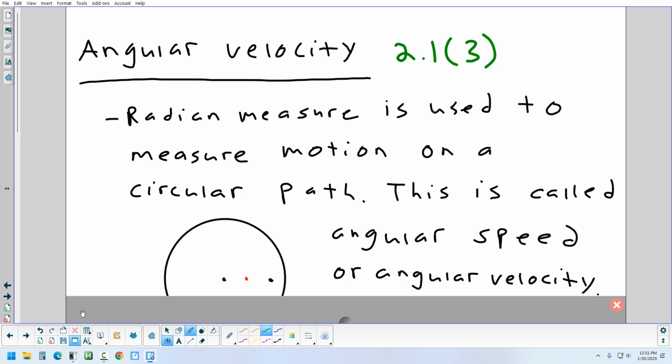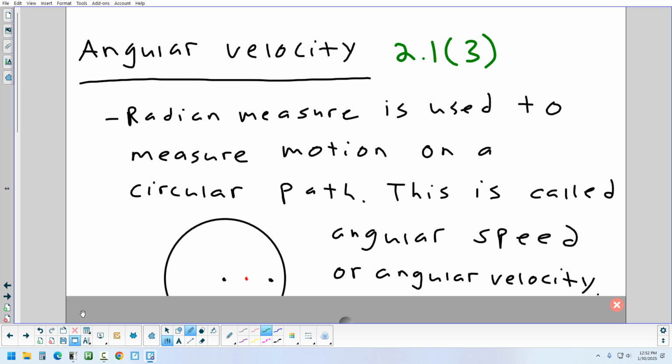And we can use radians. If they don't give you a unit to use, always assume they want radians. I would clarify that on the test though. But in the homework, I know there is a question where they say find the angular velocity, and they don't say what unit to use, so use radians.